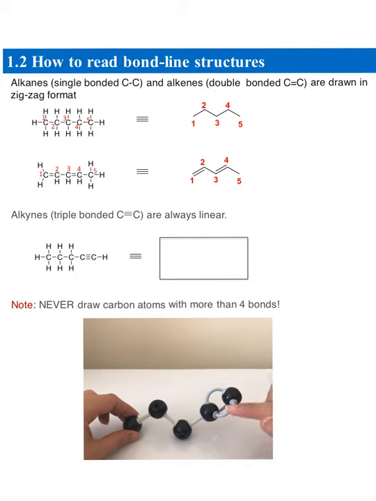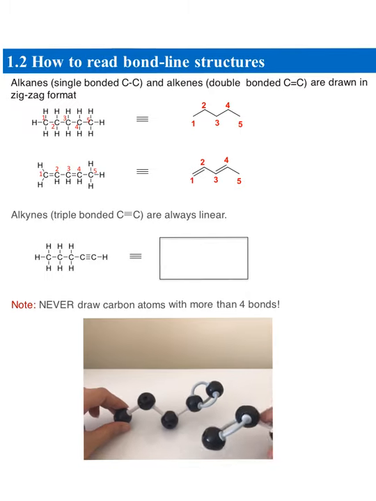It's always linear. Another important thing is this carbon right here. Sometimes when you draw the structure on paper, there is a chance that you miss this carbon. Just pay attention that there is a carbon here connected to this one with a triple bond.